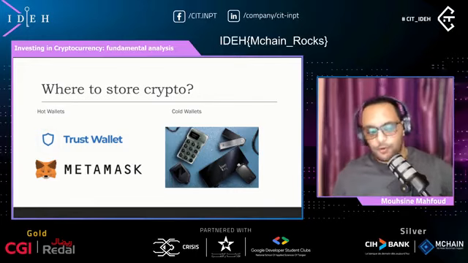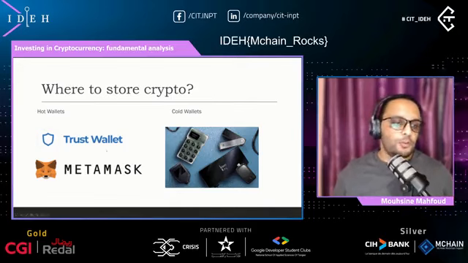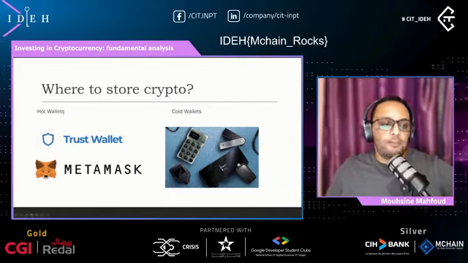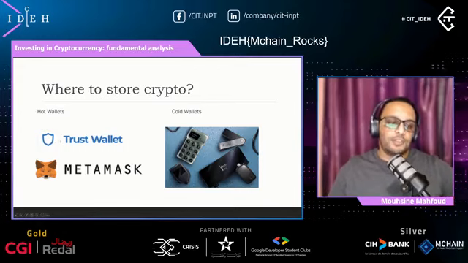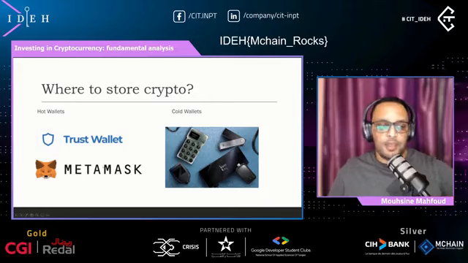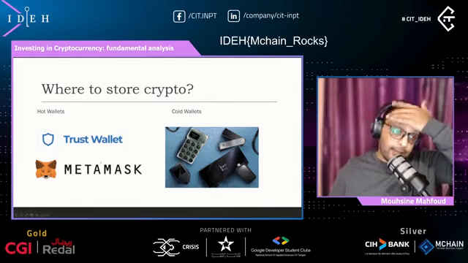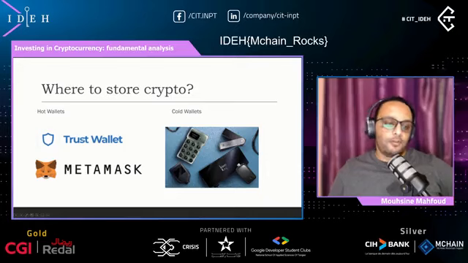There are two types of wallets that we need to be aware of: hot wallets and cold wallets. Hot wallets are just apps that we install, or in some cases browser extensions like MetaMask, and they are connected to the internet most of the time through your device. So if your device gets stolen or hacked, the vulnerability could be passed to this software, either MetaMask or other software that you might be using.